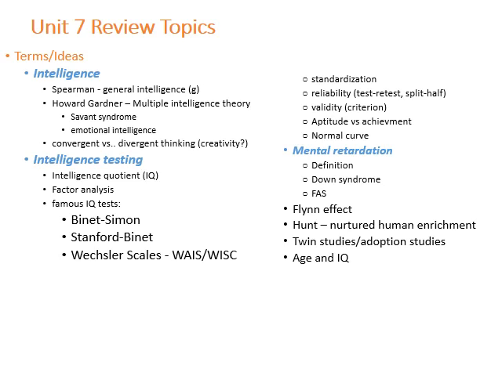The Flynn effect: this is the idea that IQ scores have been increasing over the years. So compared to 100 years ago, our IQs have improved. Hunt is going to be the human enrichment, or tutored human enrichment. This is the idea that your environment impacts your intelligence. So nutrition, early education, all of those things also help with intelligence scores.